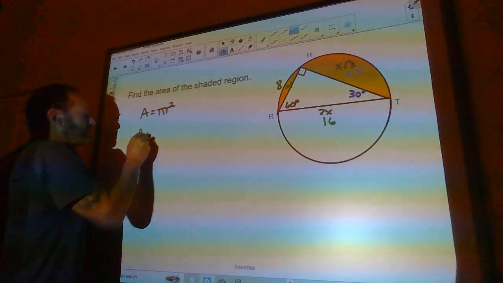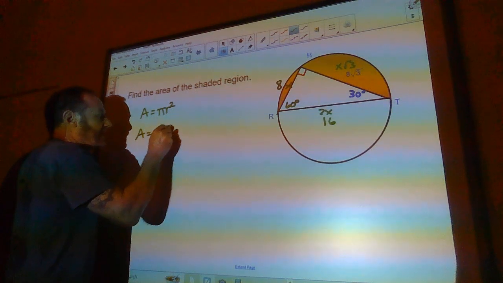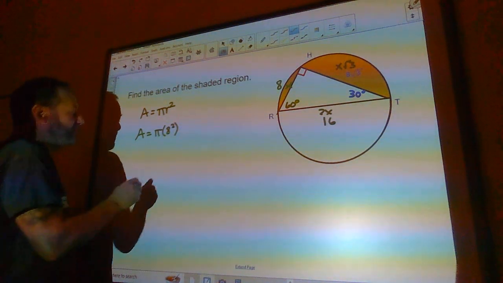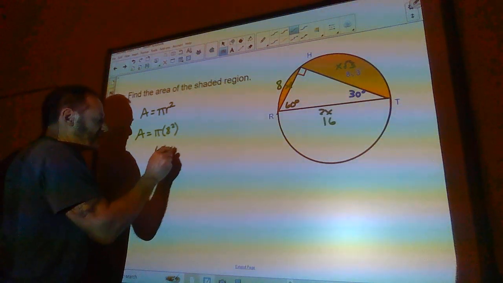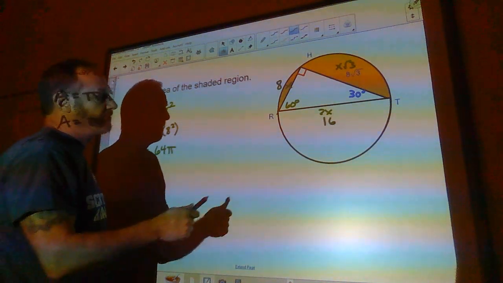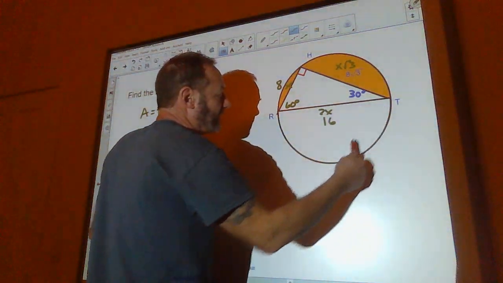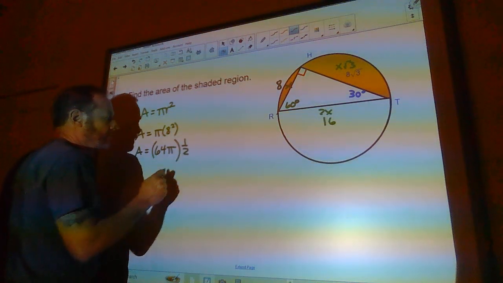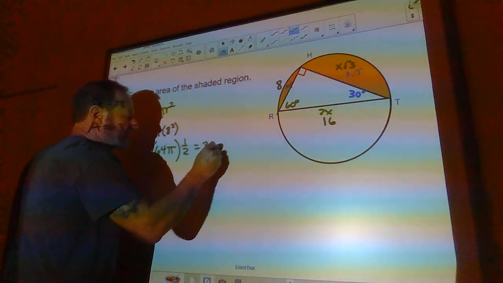So we substitute that in here: pi times 8 squared. That's going to be the area of the entire circle. So what are we going to do with that? First of all, we need to get rid of this half of the circle because we don't need it. So we're going to take half of this, and that's going to be 32 pi.